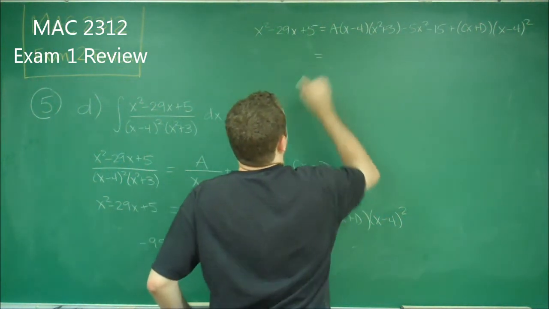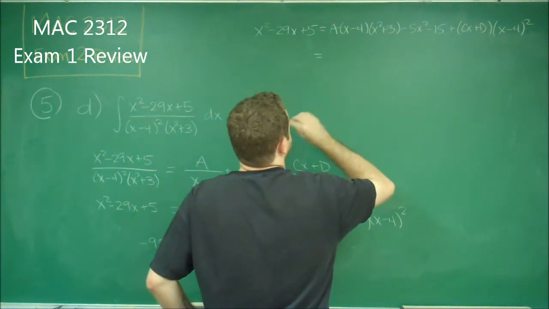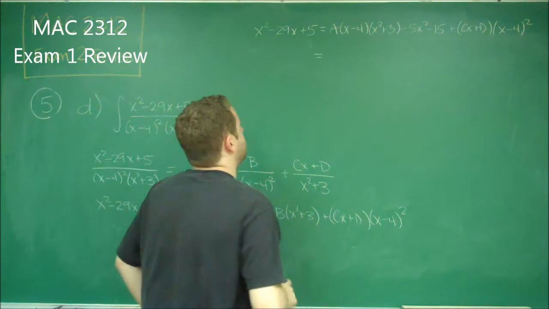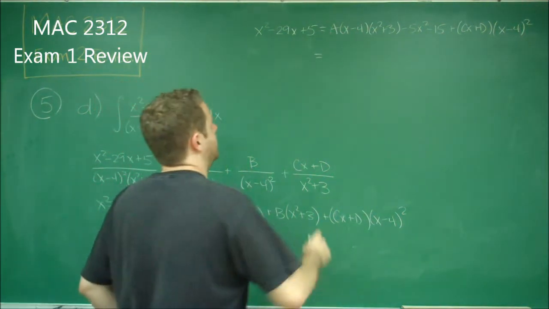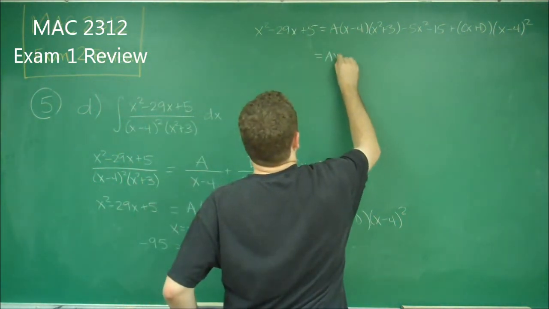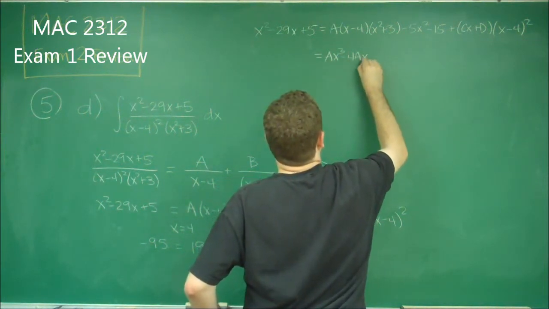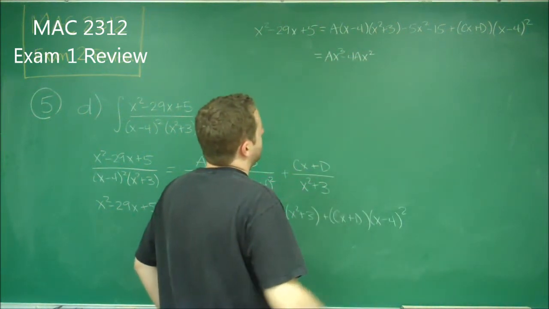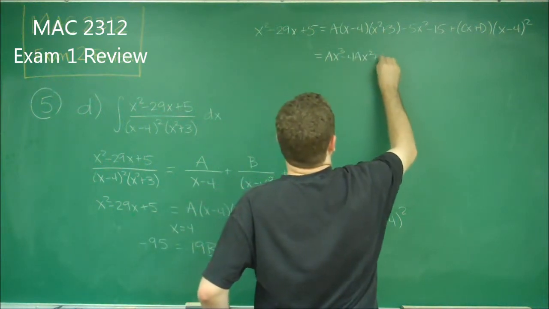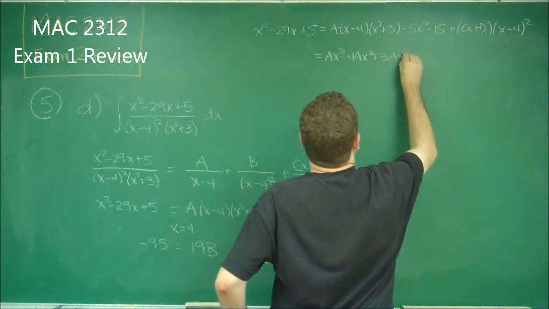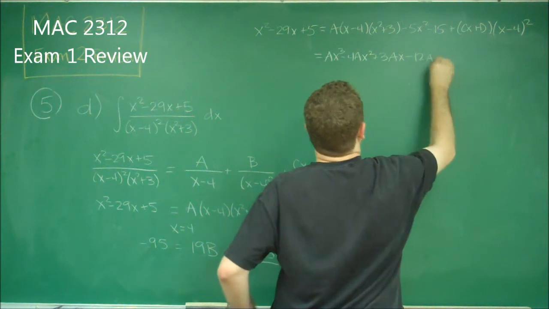So here, x minus 4 times x squared plus 3. Remember, we're putting A in front of everything, so this is going to be Ax cubed minus 4Ax squared. So we're going to get plus 3Ax minus 12A.